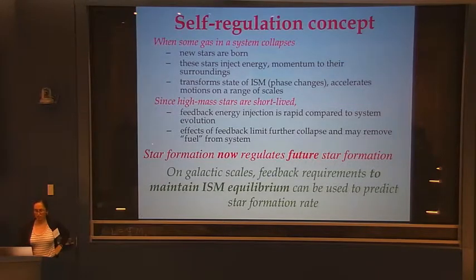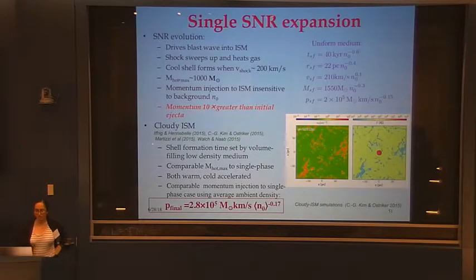So I'll talk about how that works. But first, I have to say a little bit more about supernovae, because supernovae are actually the most important feedback in terms of the force balance, which you can also think of in terms of the pressure gradients.